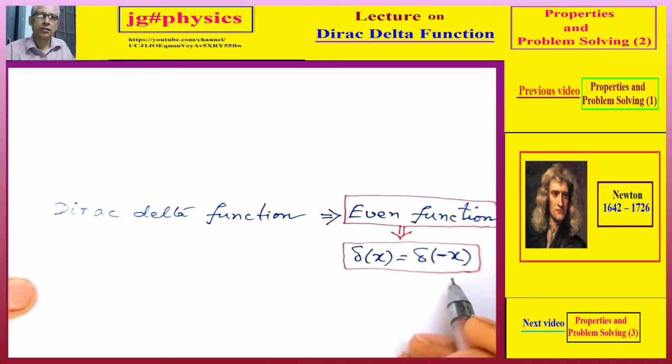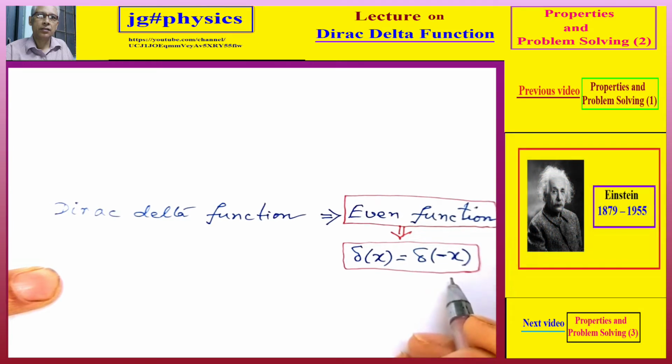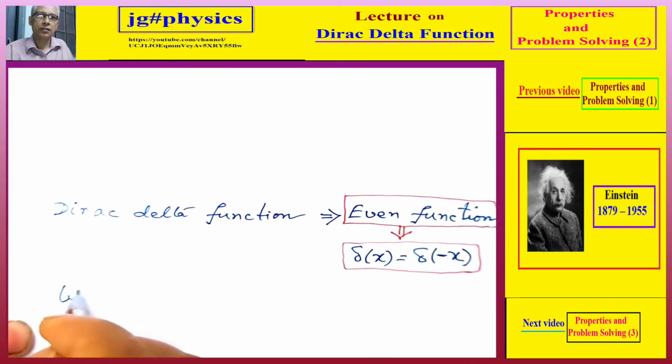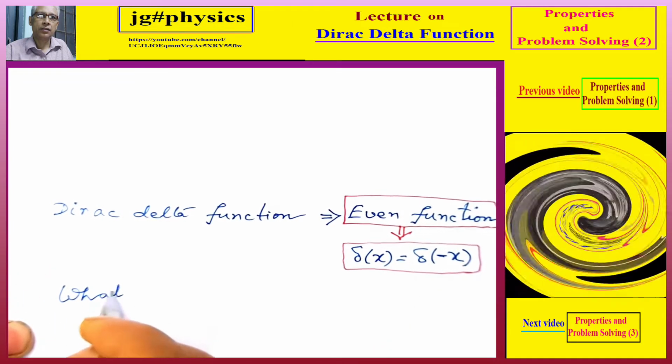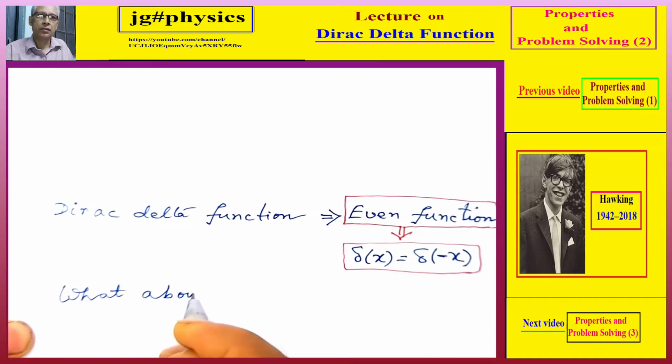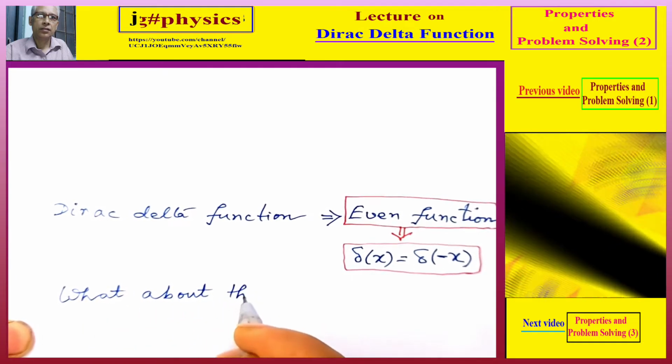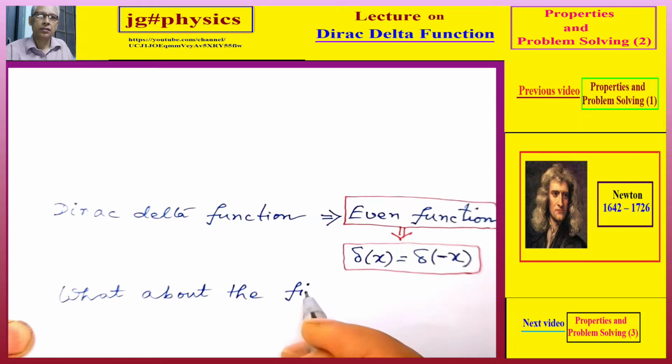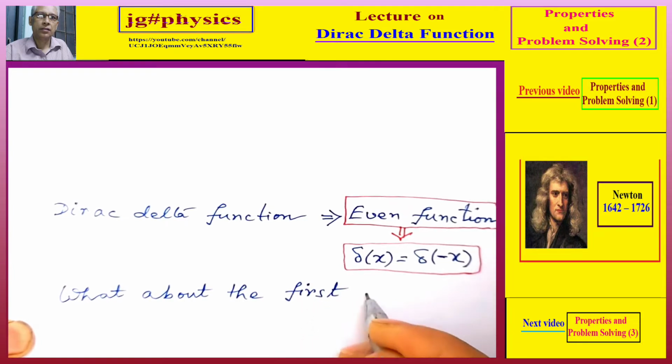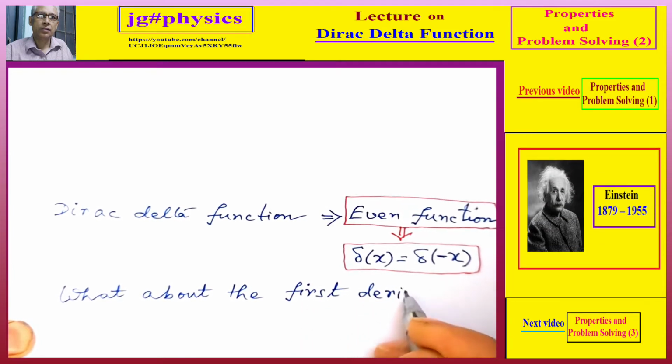Such change in sign does not have any effect. Having established that the delta function is an even function, it is now time to ask, what about the first derivative?